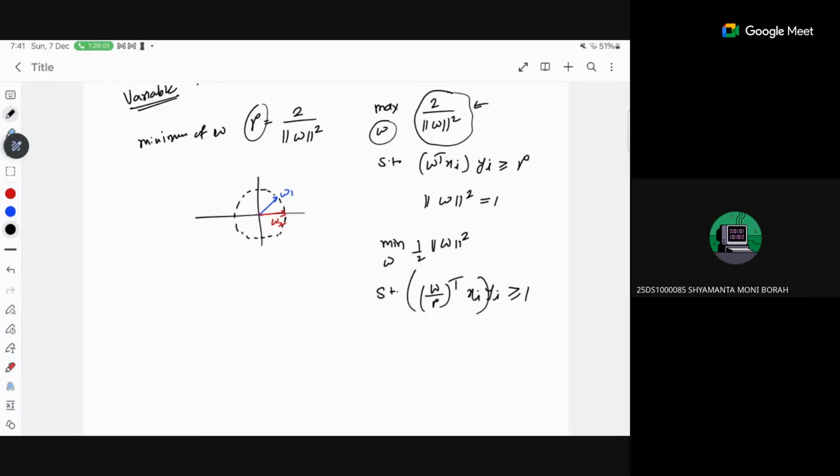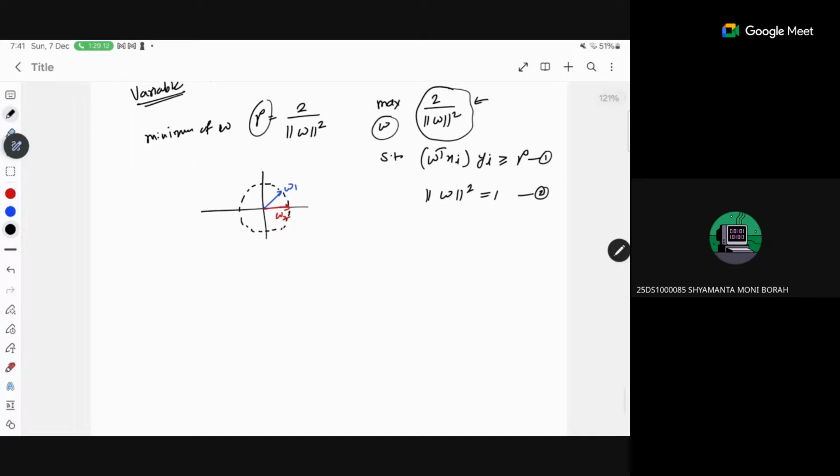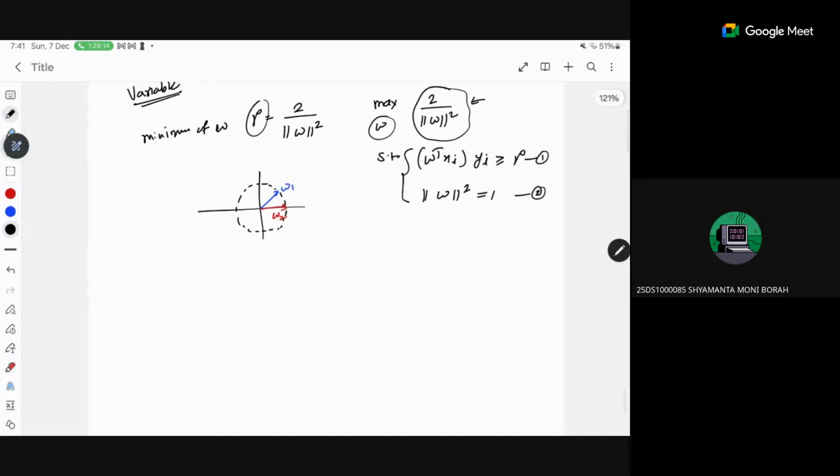Okay, fine. So these two constraints are there for me, 1 and 2, correct? If I wanted to merge these two conditions, how will I do that? I wanted the length to be equal to 1. So this W can be anything, right?